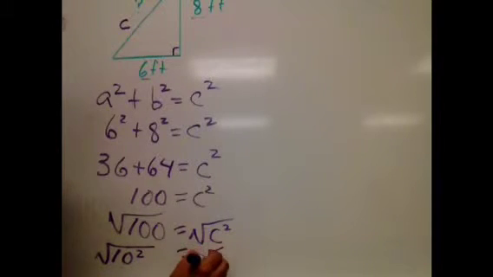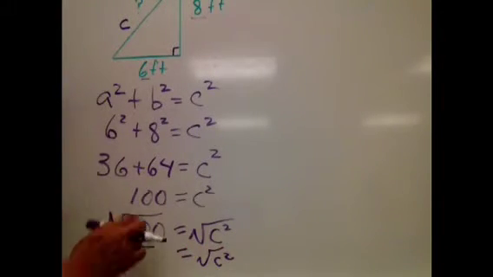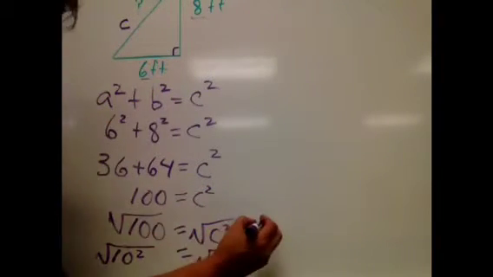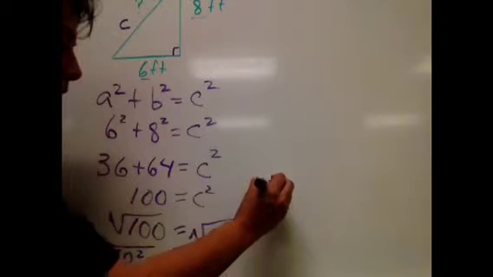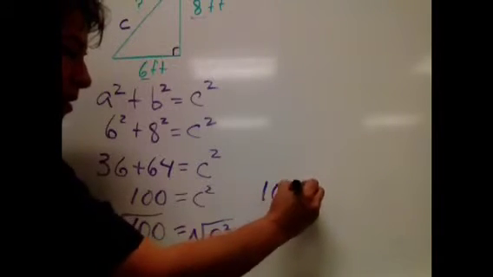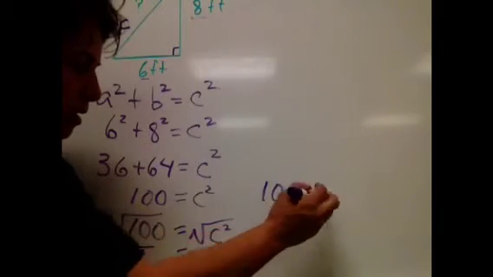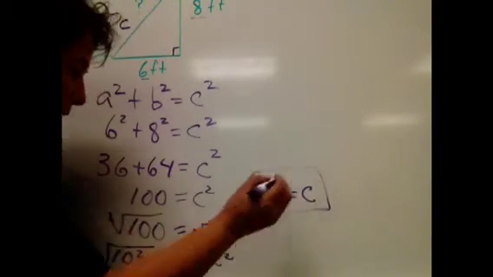Square root of C squared. 10 times 10, one side of that square, that would be 10 times 10. That means one side is 10. C squared, one of those sides would be C. So our answer is right here.